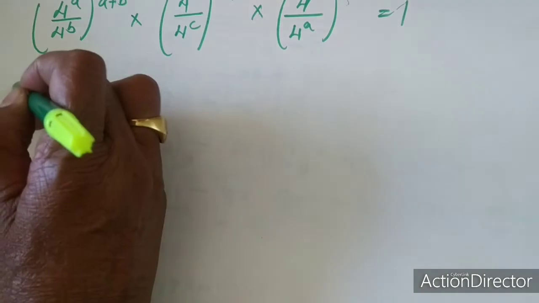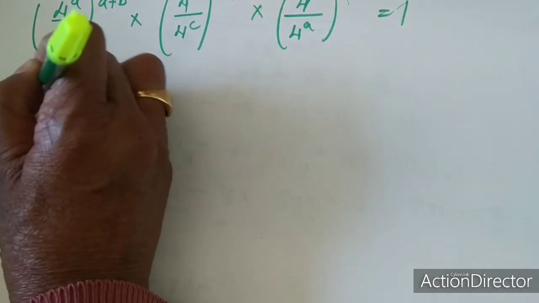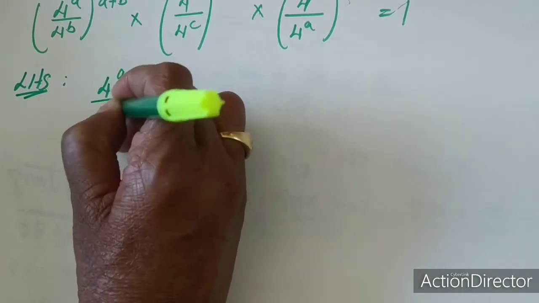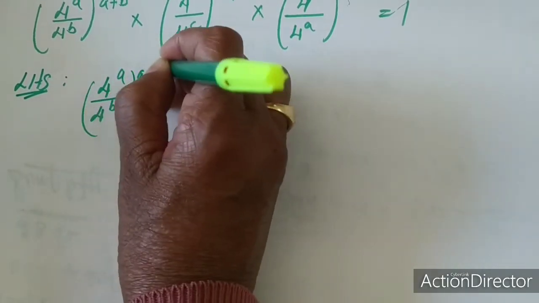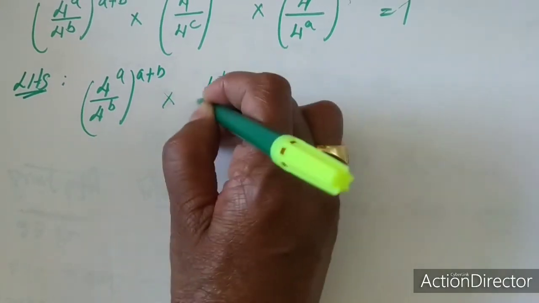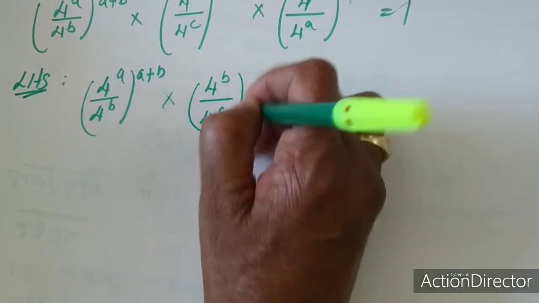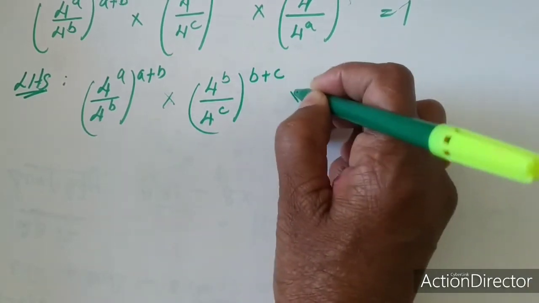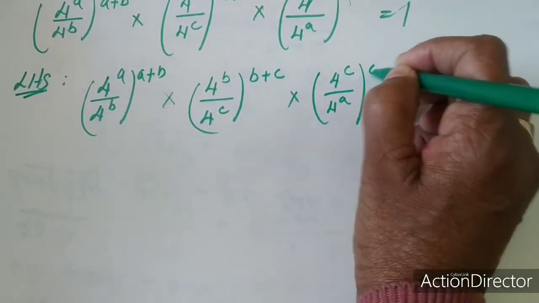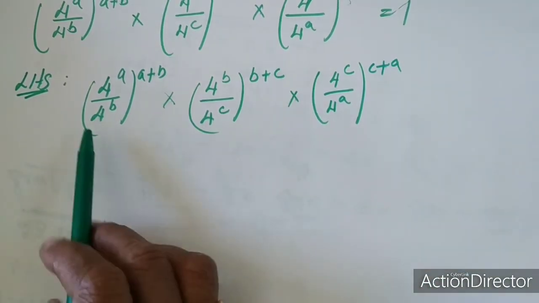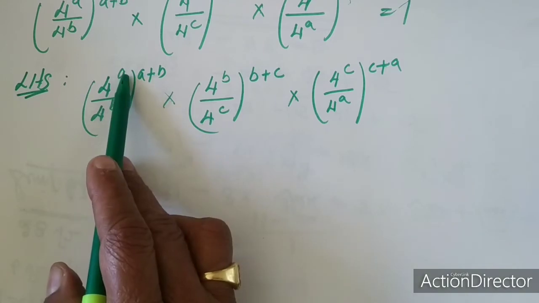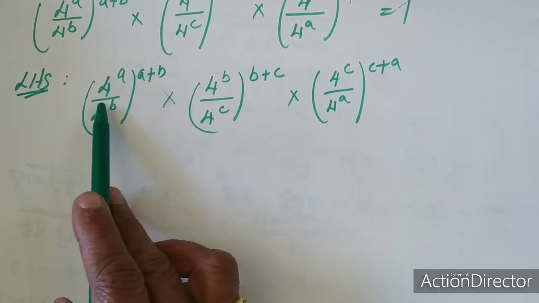So now first take the LHS, the left hand side, which is (4^a / 4^b)^(a+b) × (4^b / 4^c)^(b+c) × (4^c / 4^a)^(c+a). Now if you observe over here, you have the same base, so I can subtract the powers, since it is a division.